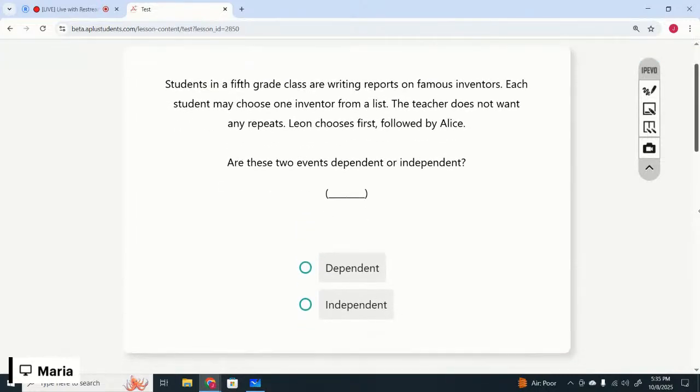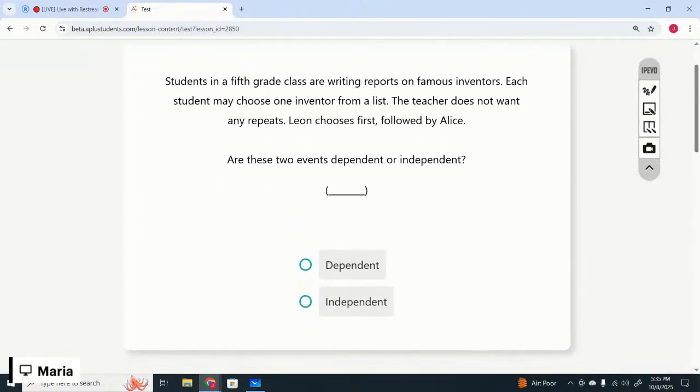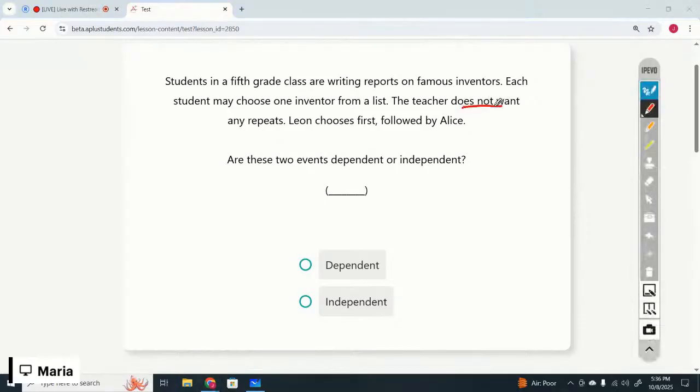Students in a fifth grade class are writing reports on famous inventors. Each student may choose one inventor from a list. The teacher does not want any repeats. Leon chooses first, followed by Alice. Are these two events dependent or independent? Here the teacher does not want any repeat. For example, when Leon is going to pick, Leon has four options, right?